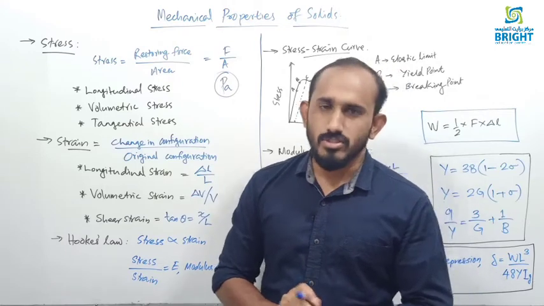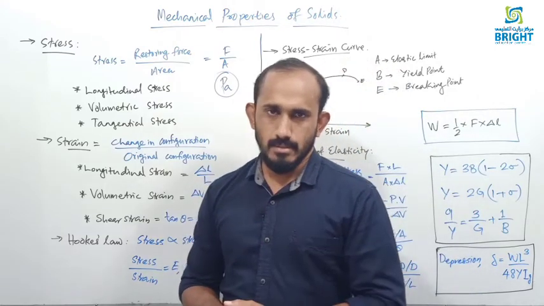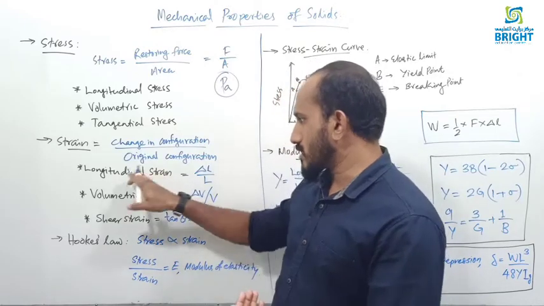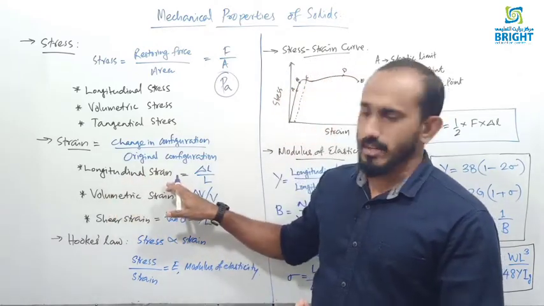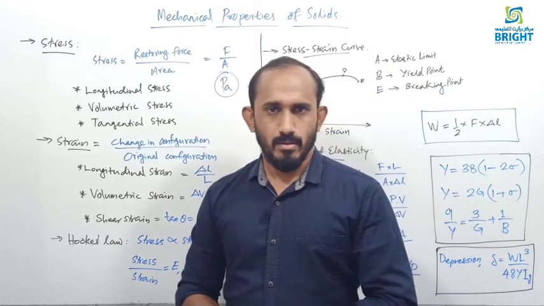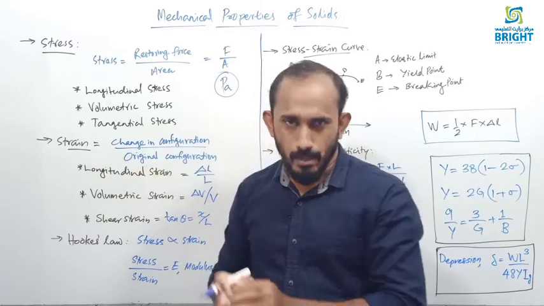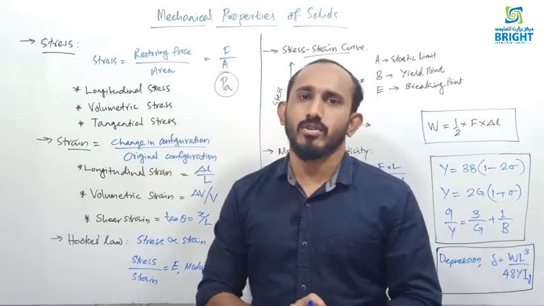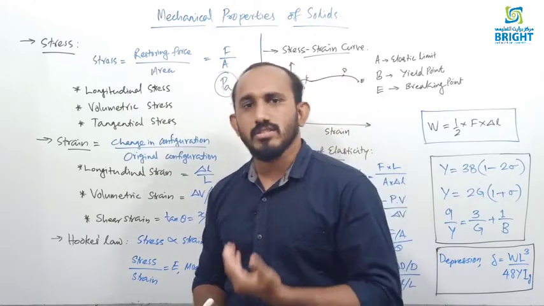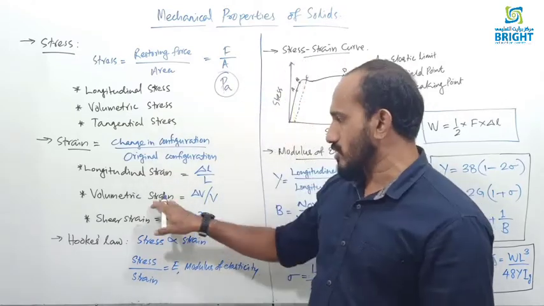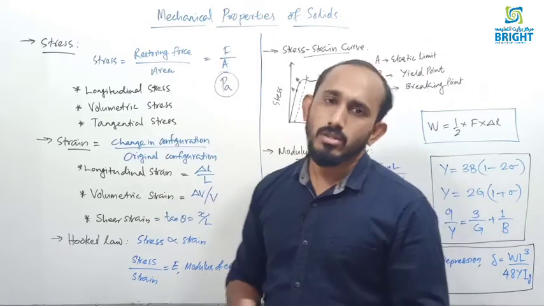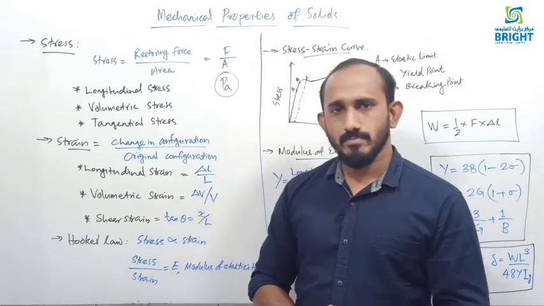Then there is a change of length, that means a strain is produced. That strain is called longitudinal strain. It is equal to change in length by original length. So if you apply longitudinal stress, there can be a longitudinal strain on the body. Similarly, if a volumetric stress is there, then there can be a volumetric strain also. Change in volume to the original volume, the ratio, gives you the volumetric strain.